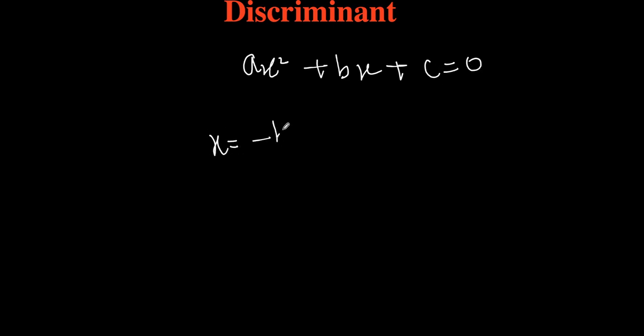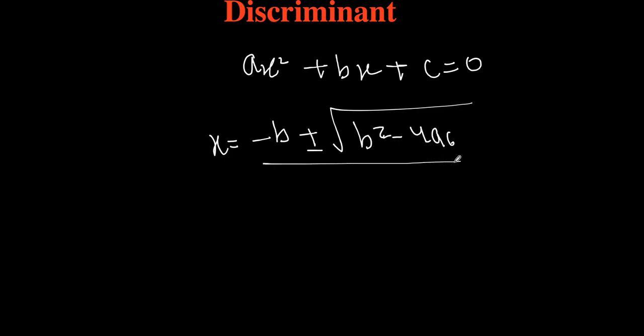The formula to solve any quadratic equation given in this form is x equal to minus b plus minus square root of b square minus 4ac over 2a. So you are familiar with this equation.